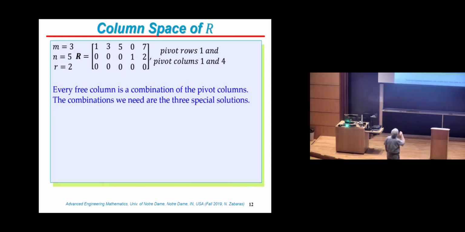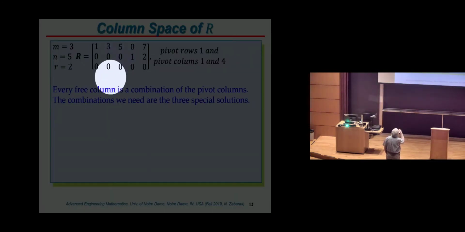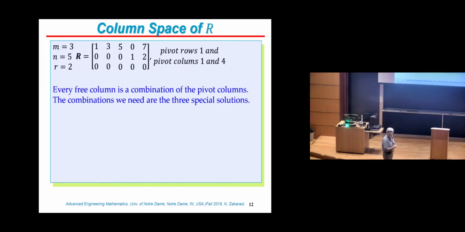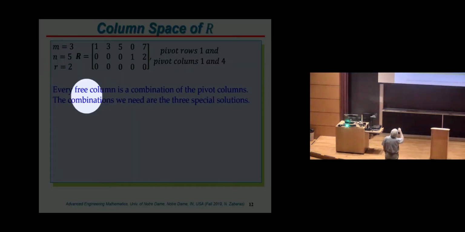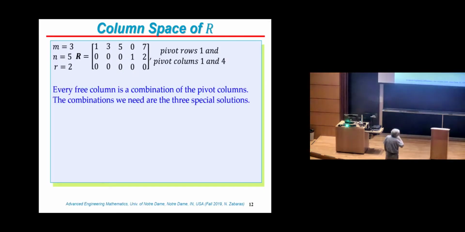So look at the column 300. It is obviously 3 times the pivot column 100, isn't it? Look at this column, 500. Don't you think it is 5 times column 1? And look at this. Don't you think it is 7 times column 1 and 2 times column 4? Can you see that?